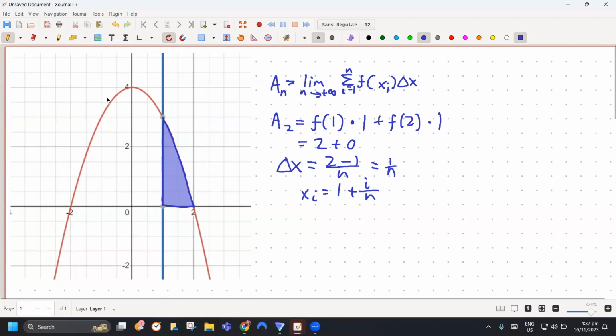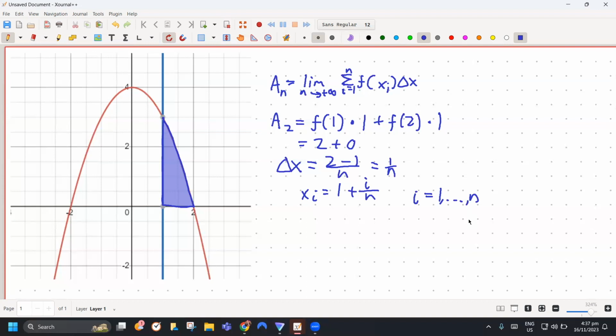Check mo, the I should run from 1 to n. I equals 1 up to n, kasi yan yung parameterization natin for the sum.